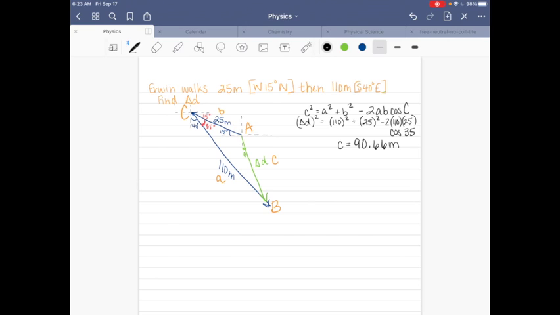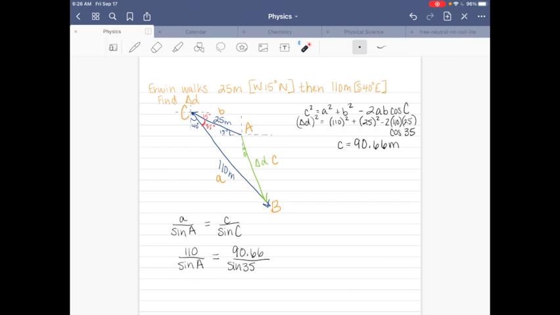For my sine law, I'm going to be using A over sine of A equal to C over sine of C. Okay, so plugging in the information that I have: 110 over sine of A is equal to side C, which I found to be 90.66, over sine of my angle, which is 35 degrees.